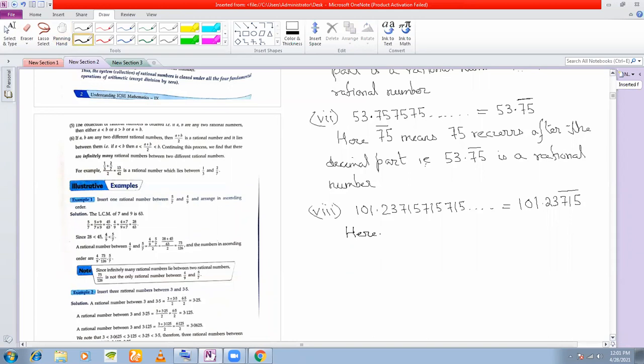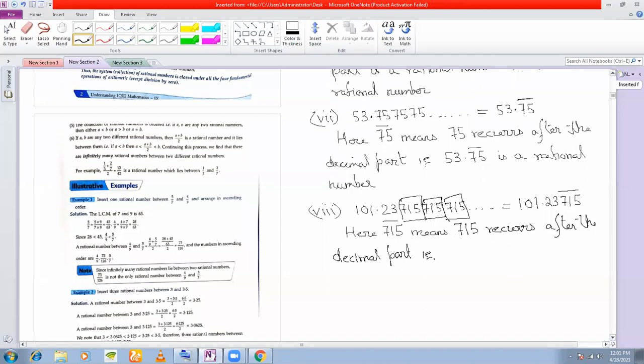So here 715 means the digits 715 recur after the decimal part.